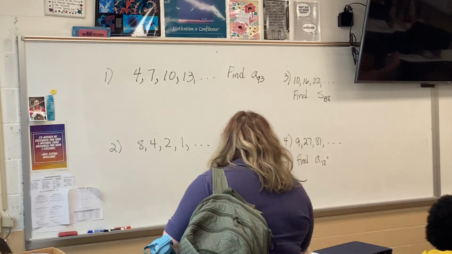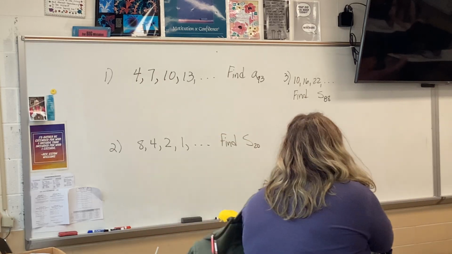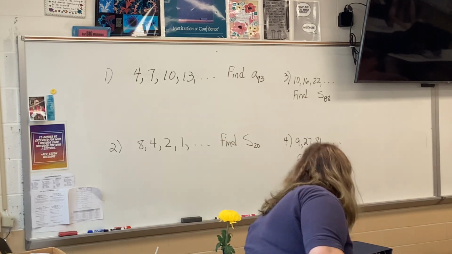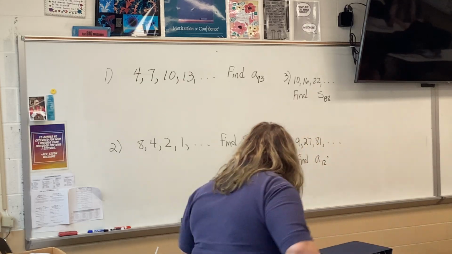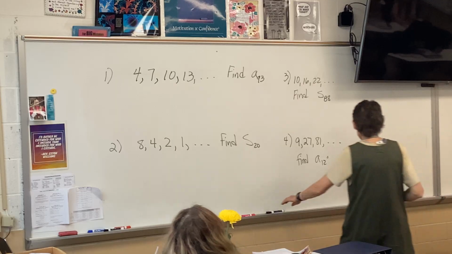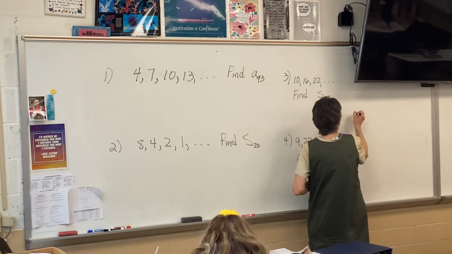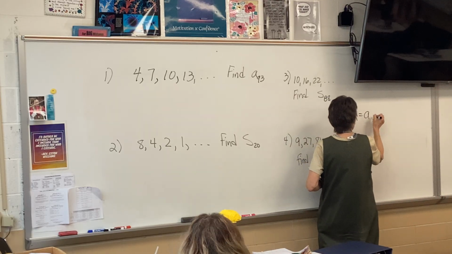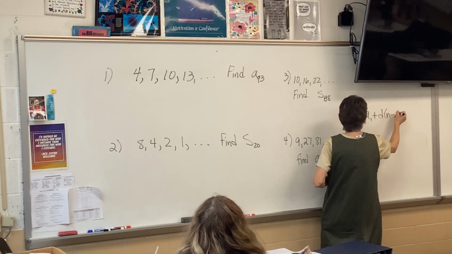Okay. Now, as soon as you have figured out that it's arithmetic, then you have narrowed down your formulas. The arithmetic formulas are these, and you need to know that.